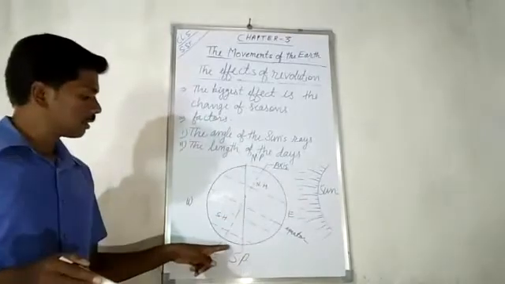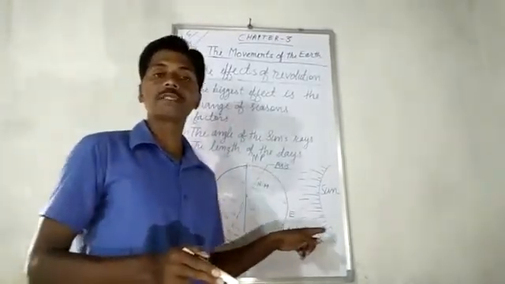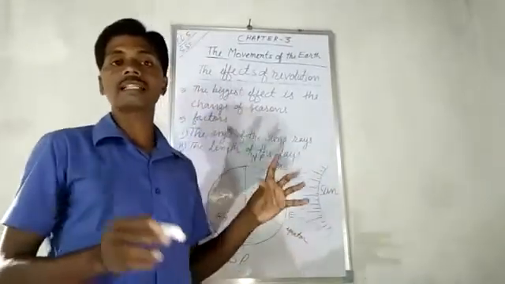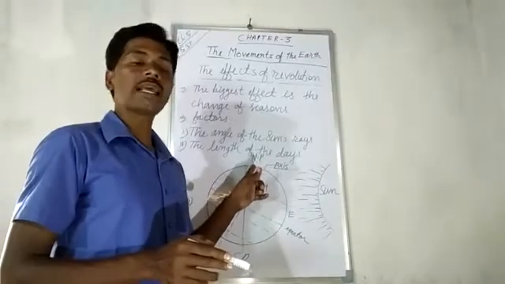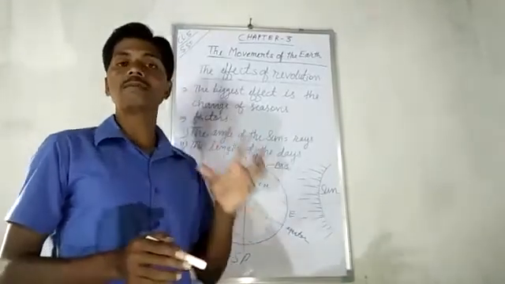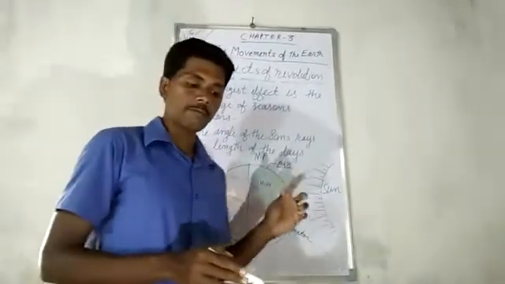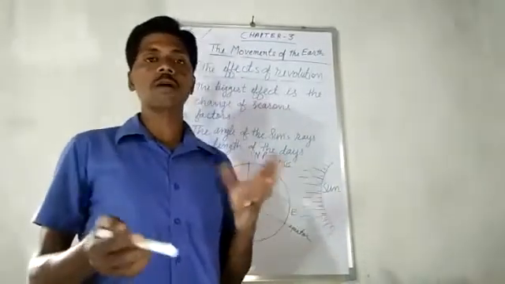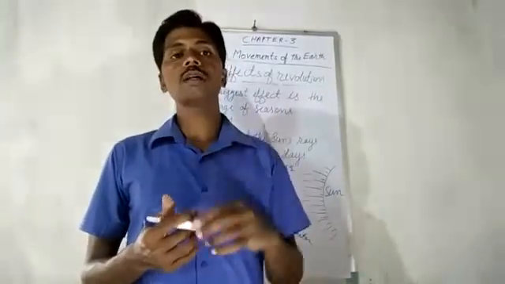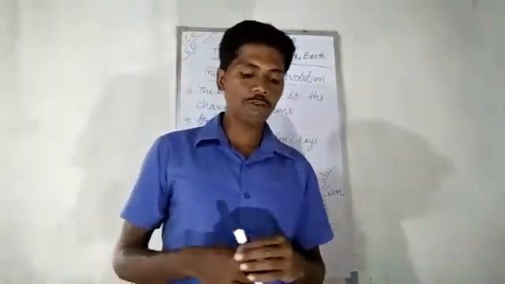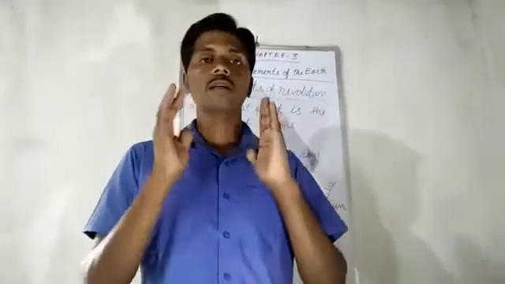Therefore, the southern hemisphere receives more sunlight and experiences summer, while the northern hemisphere receives less sunlight and experiences winter. These were the effects we get because of the revolution.